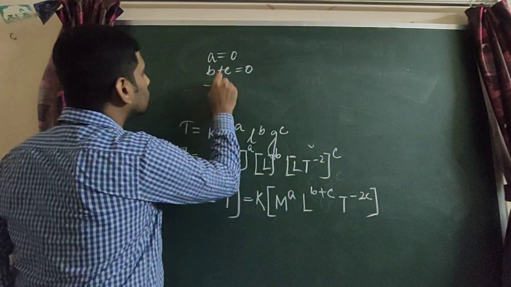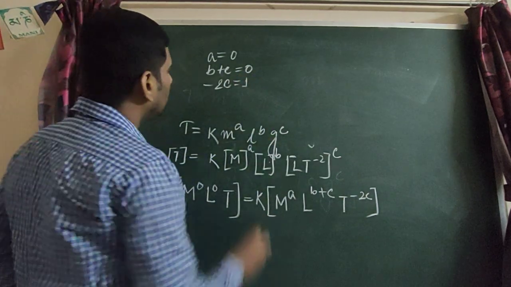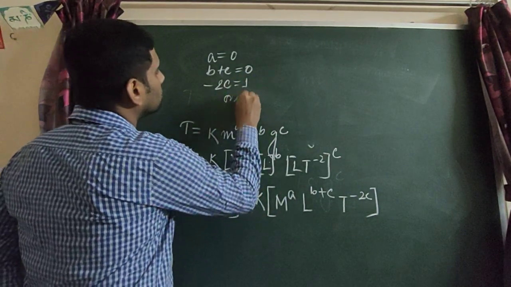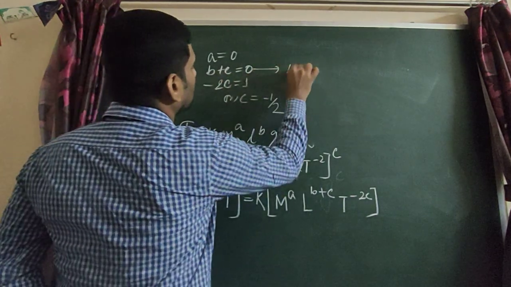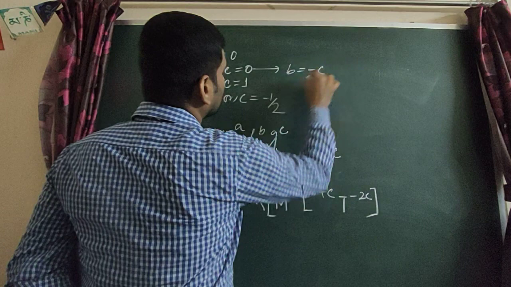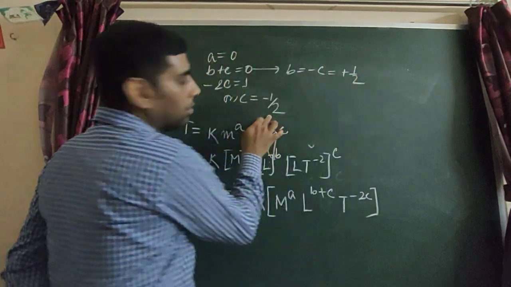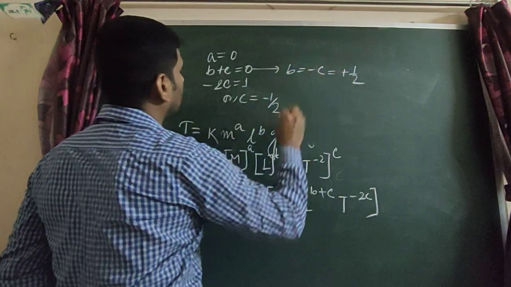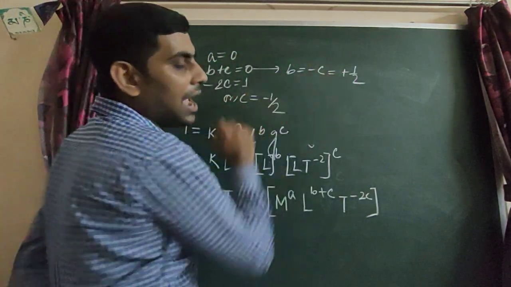So minus 2C equals to 1. This I am getting by comparing. Now from this, C equals to minus half. Now from this equation, B equals to minus C, that means plus half, because C equals to minus half, so minus of minus half means plus half, and A equals to 0. So I have got the values of A, B and C.